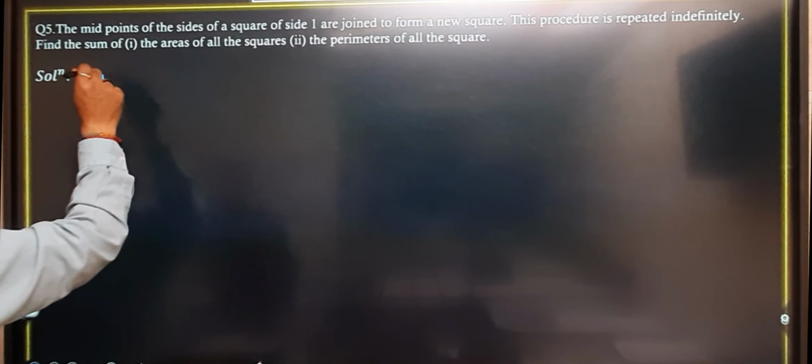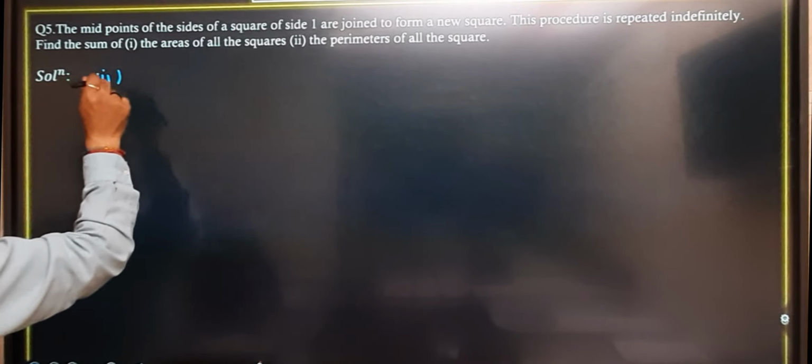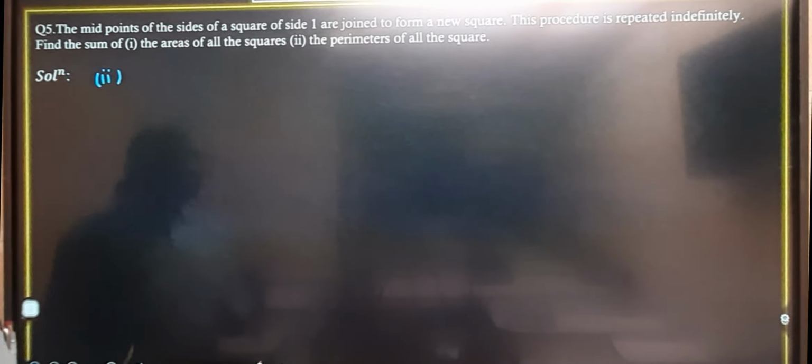Now second part is what? They want sum of perimeters.